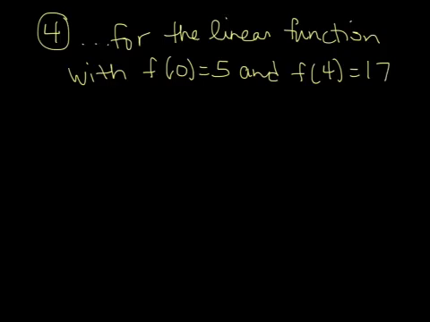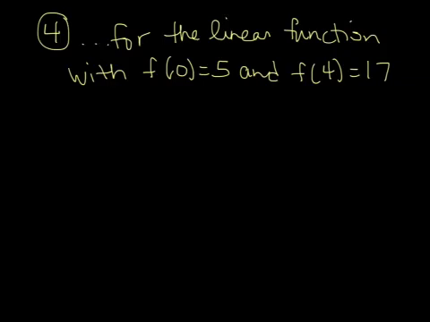So this one looks a lot harder. It actually is not. All they did on this one was write the problem in a different way. They didn't change anything. If you know what to do, you can pause and just do it. If you're not sure what to do, I will tell you.